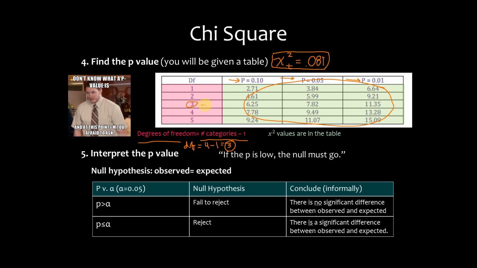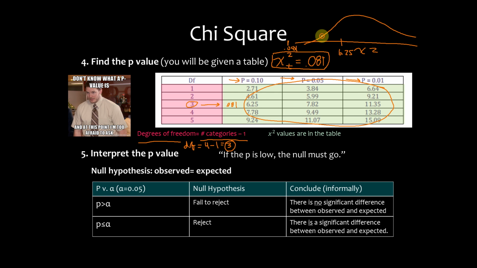So first you're going to go to the degrees of freedom category, 3. Then we're going to go over and see where our chi-square is. Now wait a second, chi-square isn't on this list. It's super tiny. It's like 0.081. So if this was a distribution, and this is chi-square, here's like 6.25. We're talking way down here, 0.081.